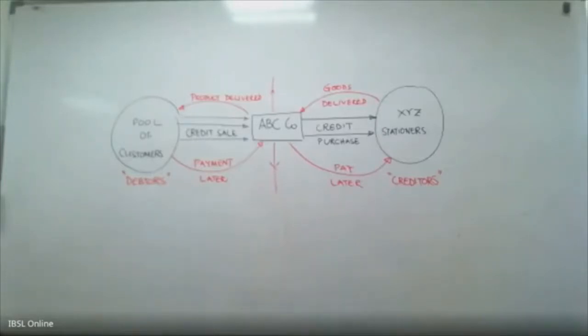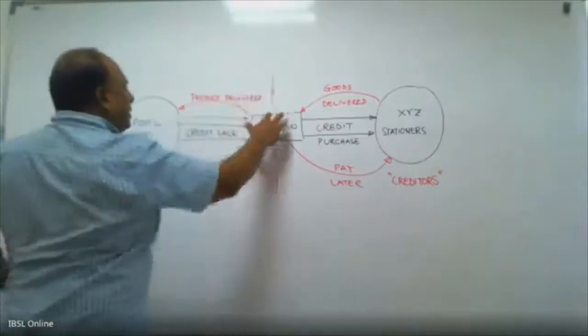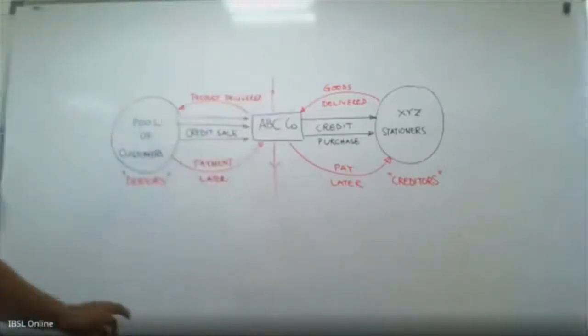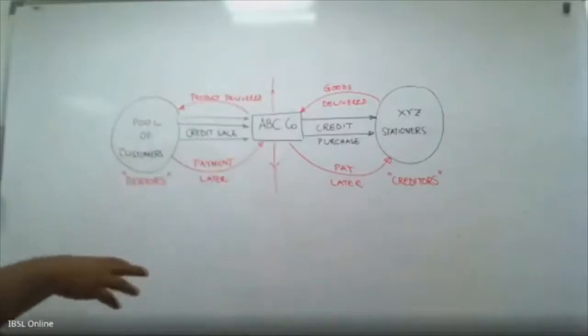So let me explain it once again, just for the benefit of those who didn't understand it. Okay, so now ABC company is the business, and they are the ones who are maintaining the prime entry books.